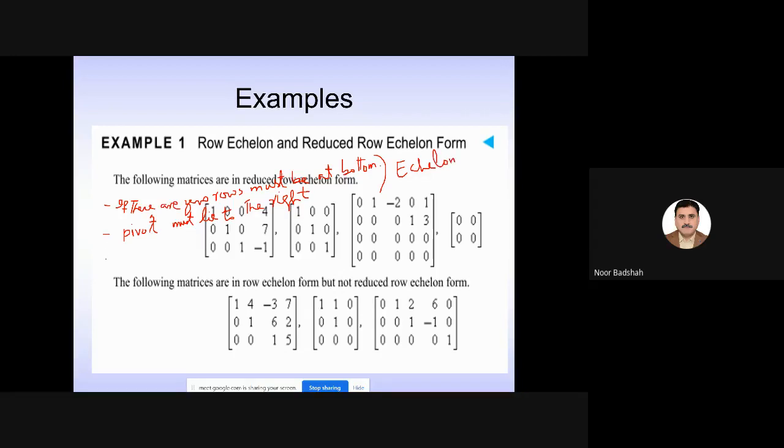And if a matrix further satisfies these conditions as well, then it becomes reduced. Pivots should be 1.